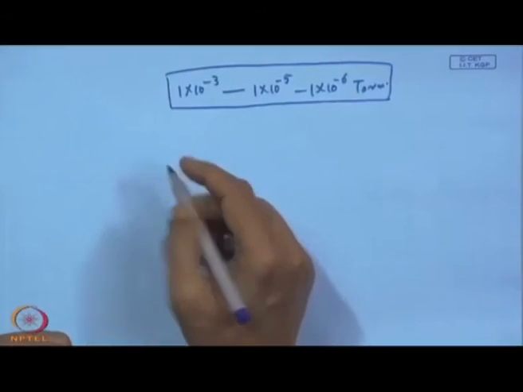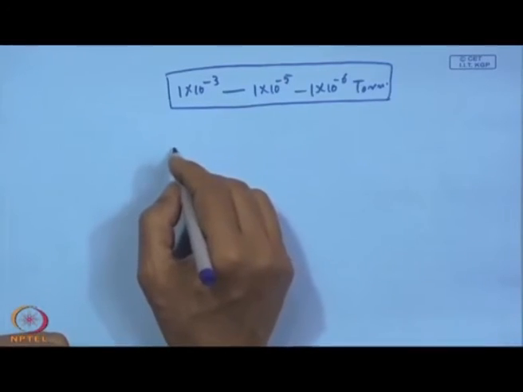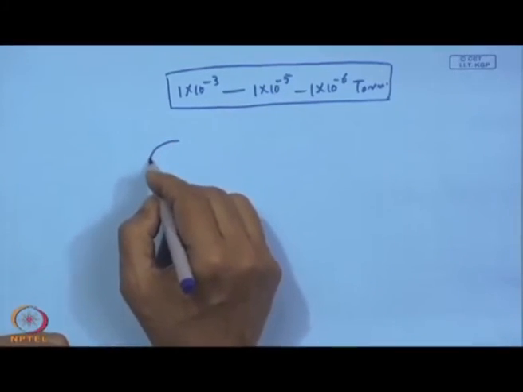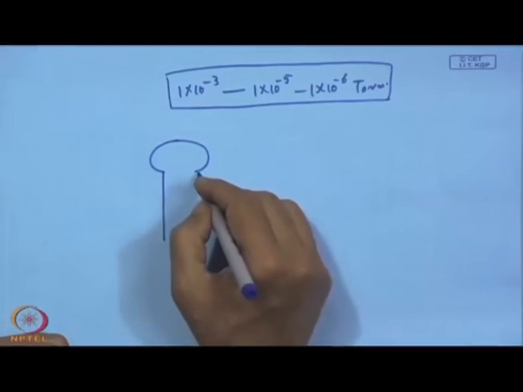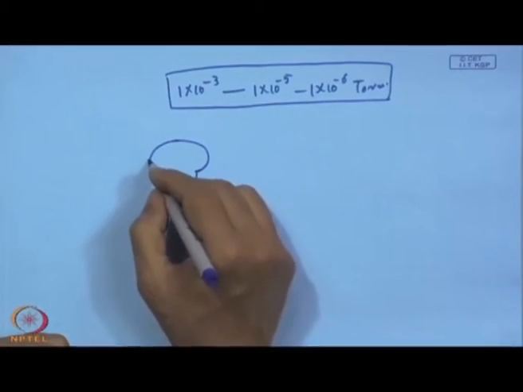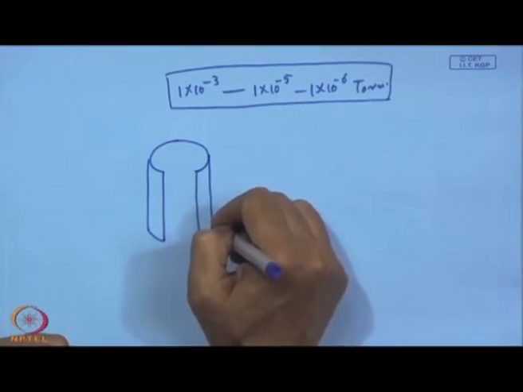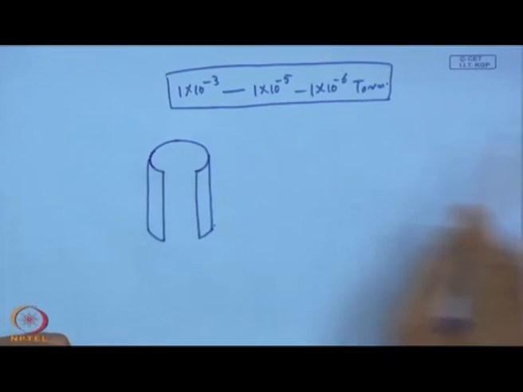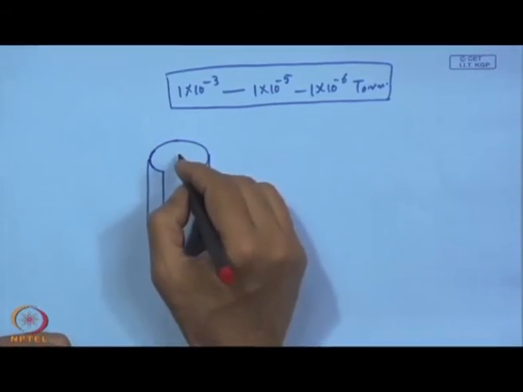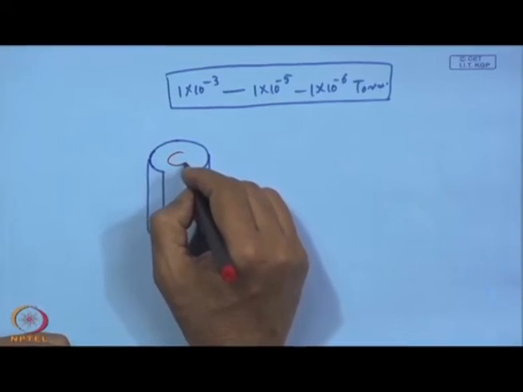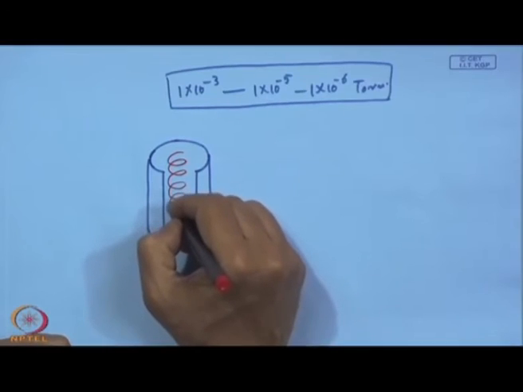Basically, let us have a cross sectional view. This is just like an envelope, and we have one spiral.